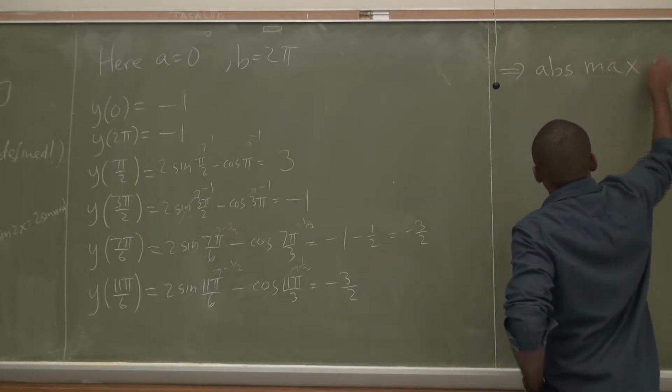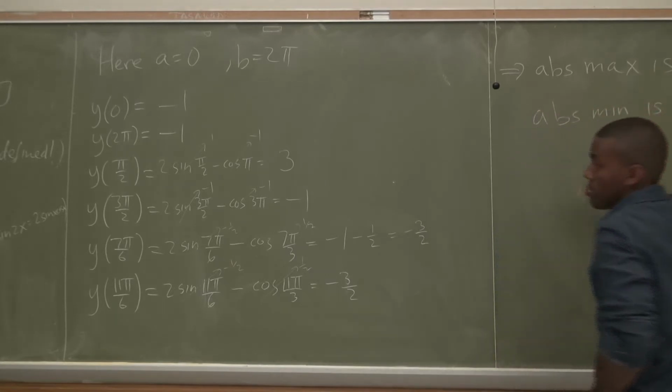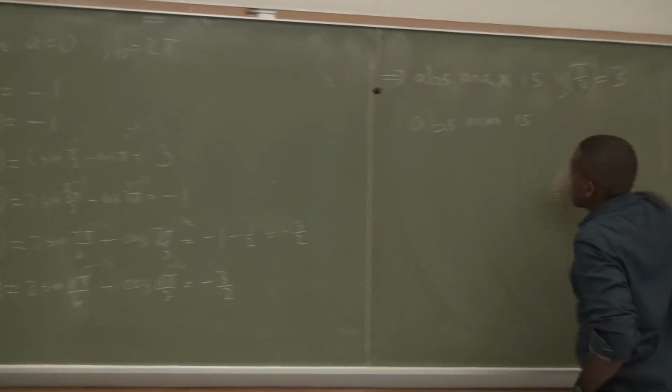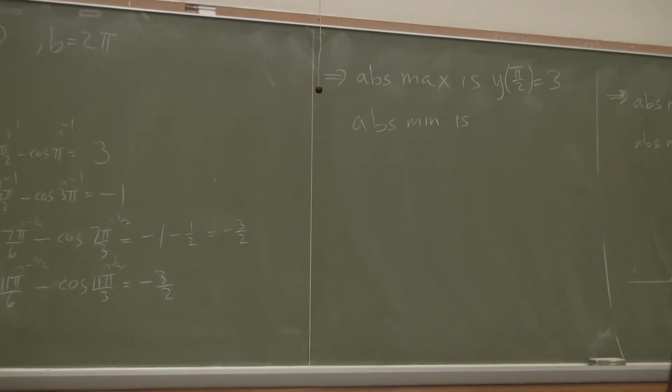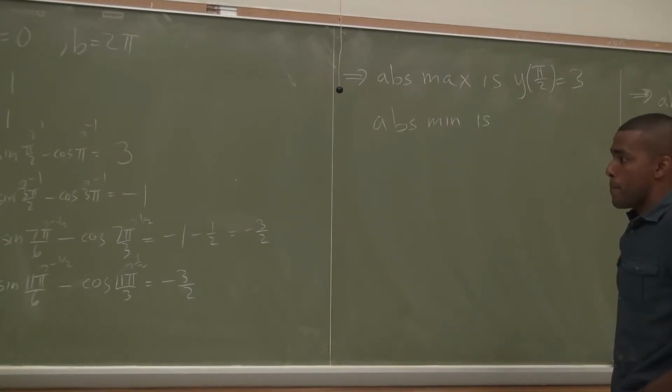Okay, so absolute max is what? What's the absolute max here? 3. y at pi over 2 equals 3. Absolute min: 11 pi over 6 and 7 pi over 6.